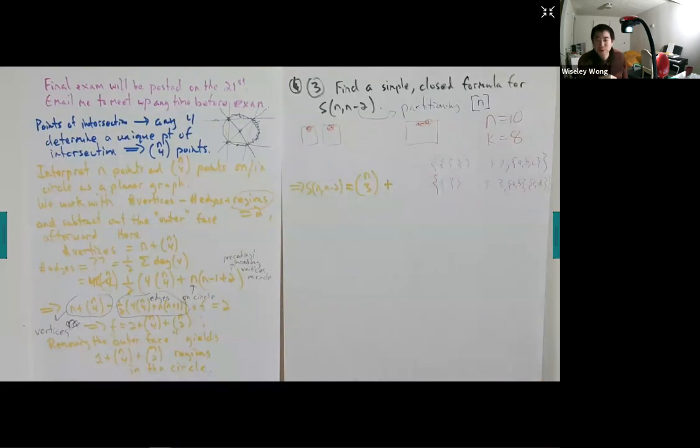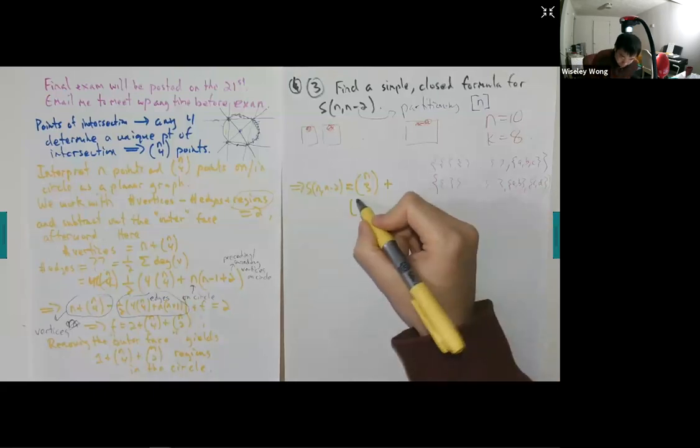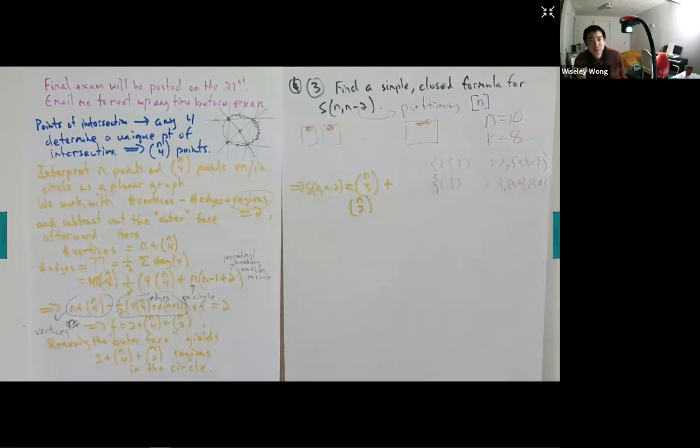I'm kind of out of space, so I'll just continue here. Again, you can just choose your two elements that you want here. But after you've decided on those two elements, now you have to create another subset of size 2.